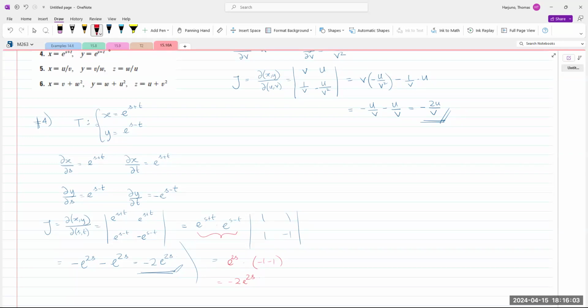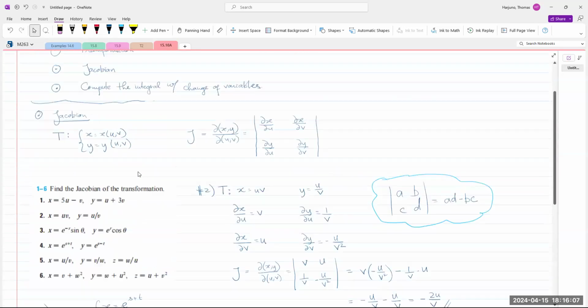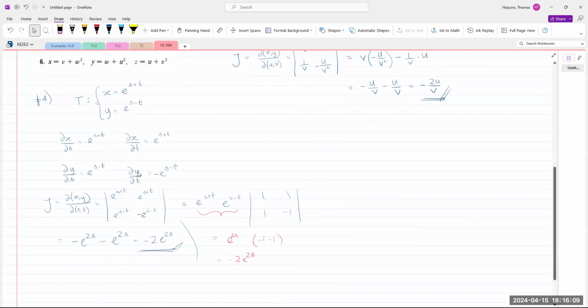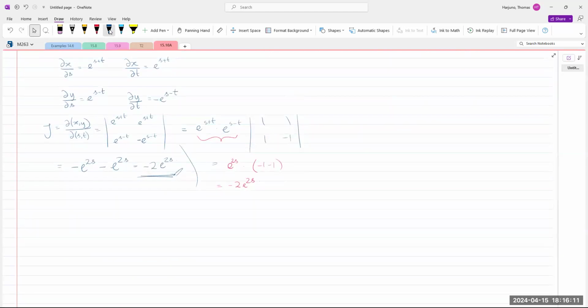Again, if any rows or any columns have a common factor, we can factor that out when we are computing a determinant. Next, what happens if our transformation is actually 3 variables to 3 variables? So suppose our transformation now is x as a function of u, phi, w, y also a function of u, phi, w, and z also a function of u, phi, w.